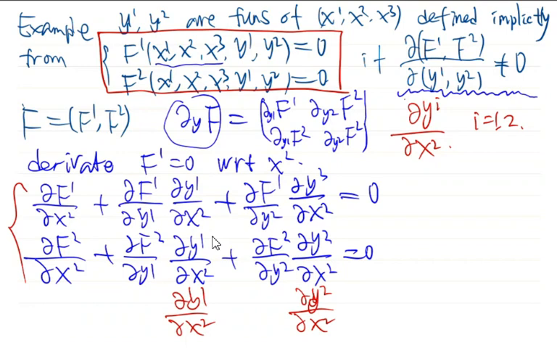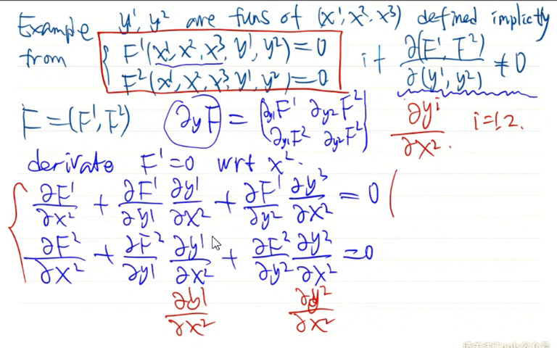For example, dy1/dx2, firstly, using Cramer's rule, it should be the determinant of the coefficient matrix. It will be more clear to write this in matrix form.